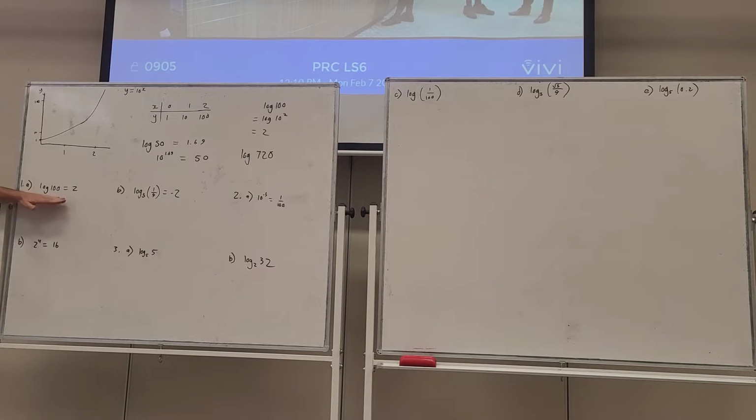So here we have a logarithmic statement, question 1. Given a logarithmic statement, write an equivalent exponential statement. So here the base is 10. So the exponential statement is going to be 10 to the power of 2 equals 100.